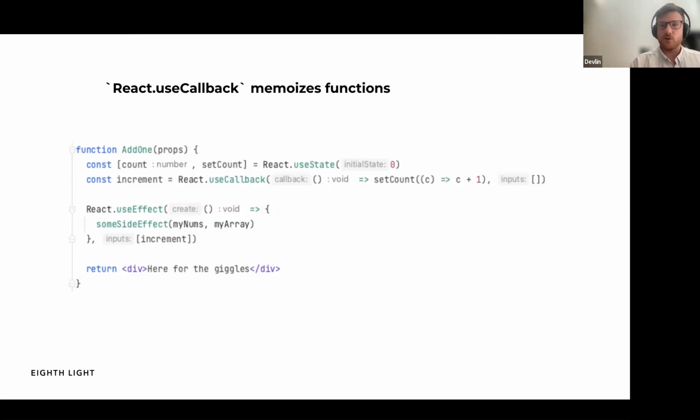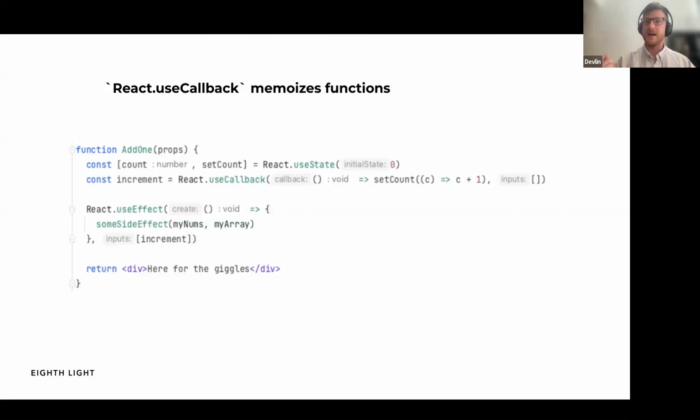So here we've got our Add1 functional component, and it's maintaining a piece of state called count, and then it's got a function in it called increment, which obviously just adds 1 to whatever the count is, and we've wrapped that in a useCallback method. So now you can see that our useEffect uses the function as its dependency, and because it's been memoized, it means that in this contrived example, the useEffect is only ever going to be called once on the initial render.